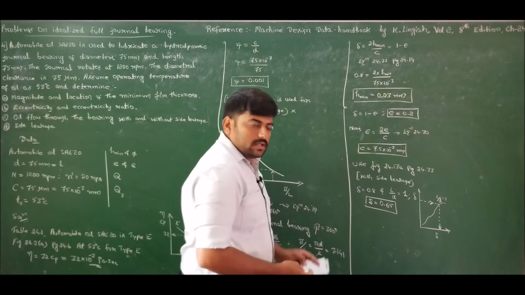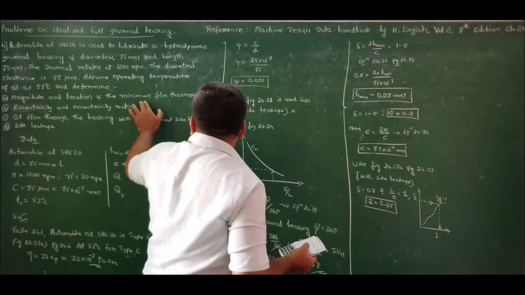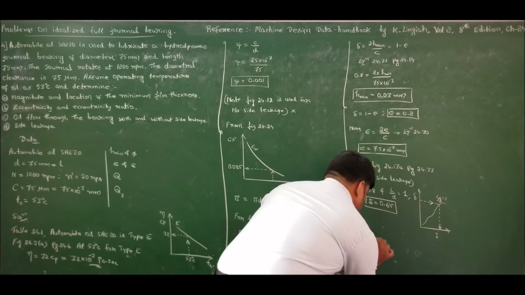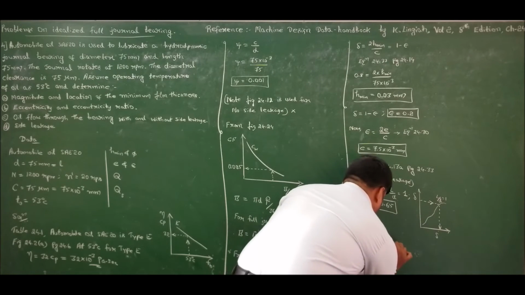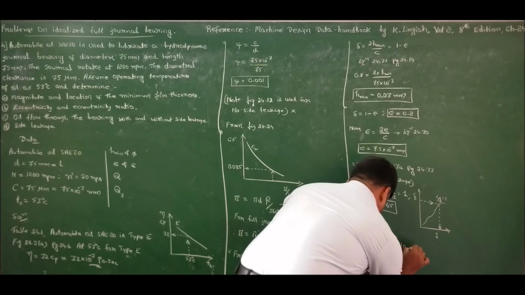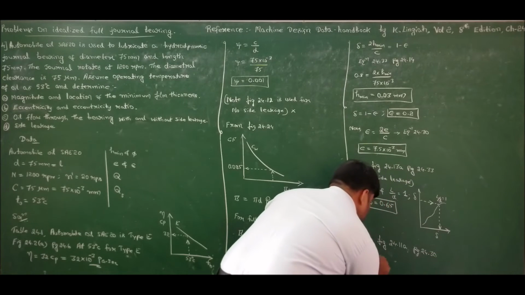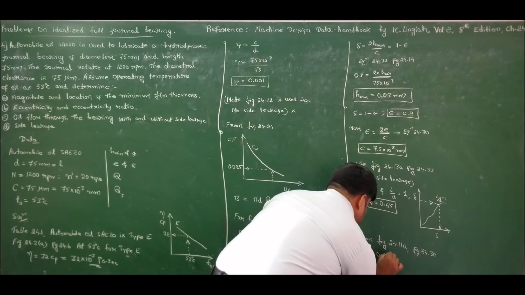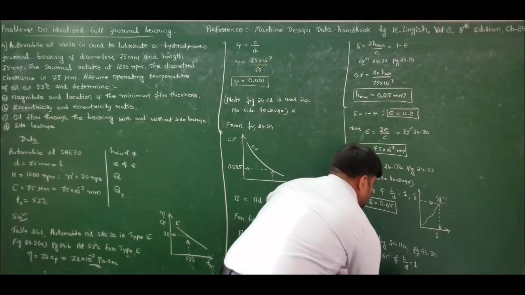Now using the Sommerfeld number, using our regular graph, figure 24.11a, to find the position of minimum film thickness, I have found out the position as 75 degrees, that is from figure 24.11a, referring to page 24.30, for the value of Sommerfeld number equal to 0.65 and the ratio of L by D equal to unity.